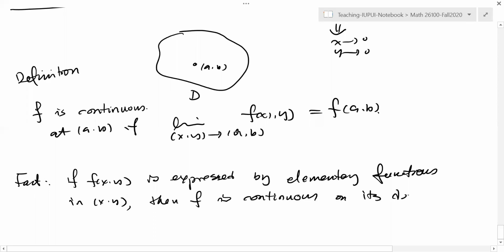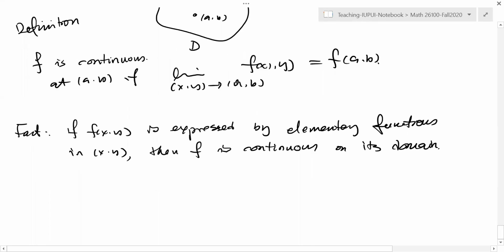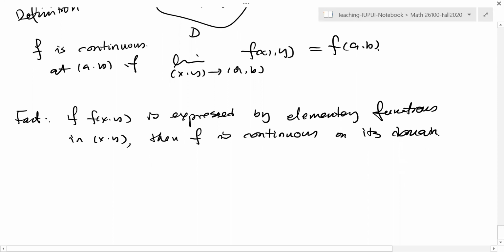This is very similar to the function with one variable. What does that mean? Here's an example. If you look at f of x, y equals x squared plus x times y plus y squared, this is a polynomial.